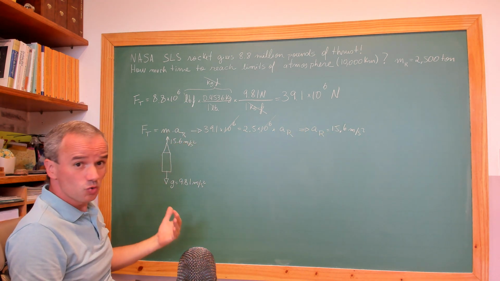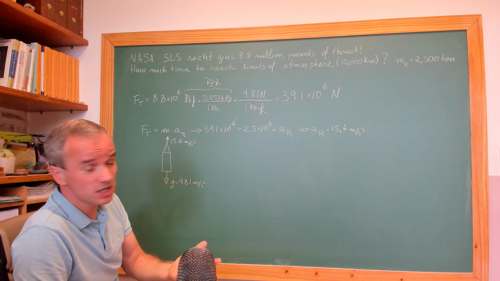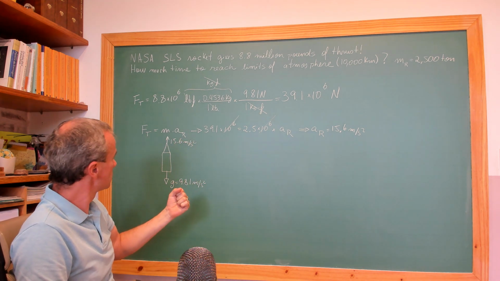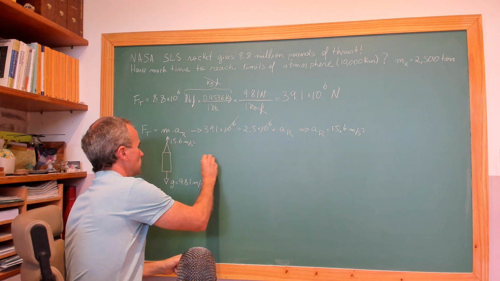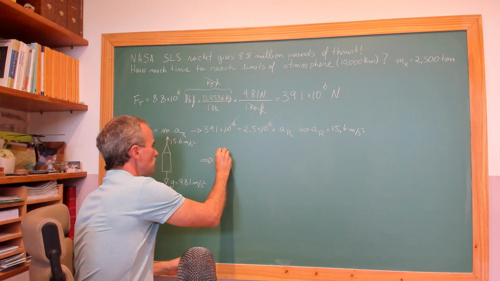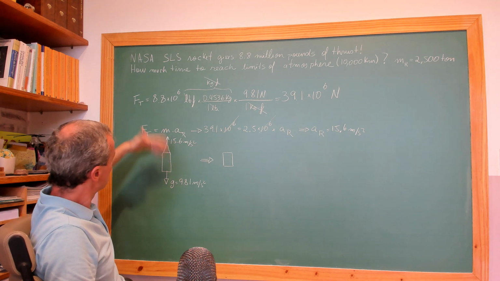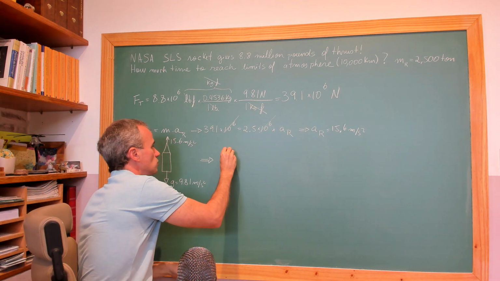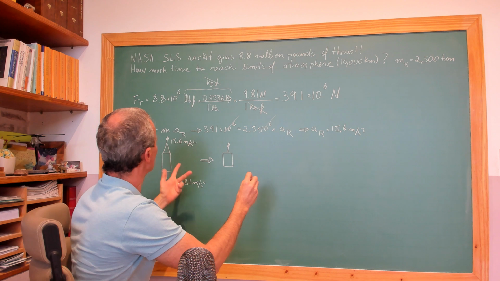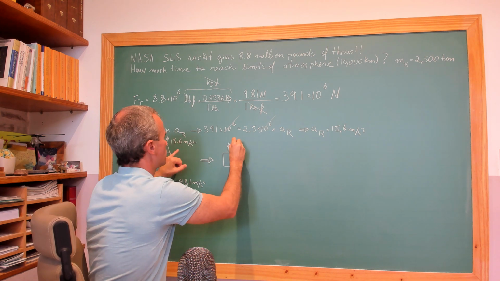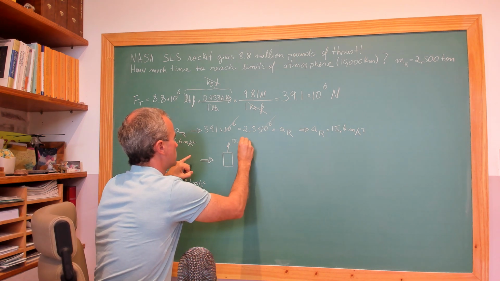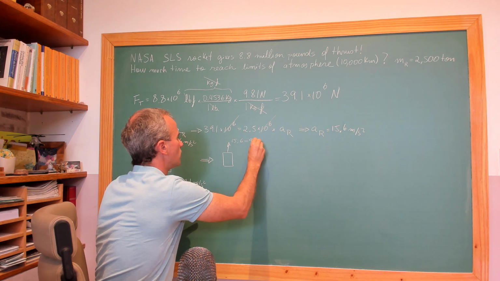But you also know that we have gravity, another acceleration due to the gravity force. So what's going to be the net acceleration? Well, we just do simple addition, subtraction, whatever you want to say. So the difference is going to be 15.6 minus 9.81.